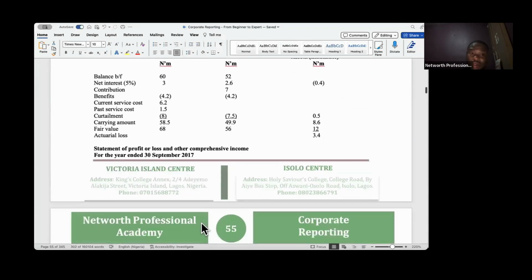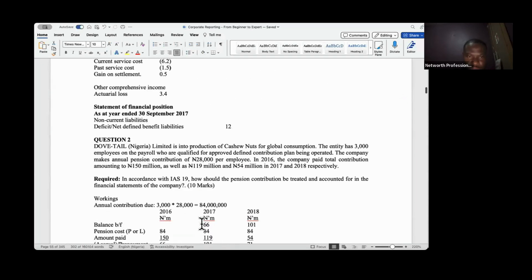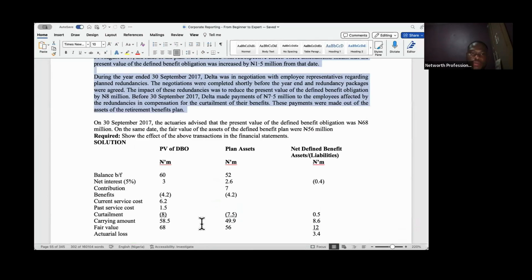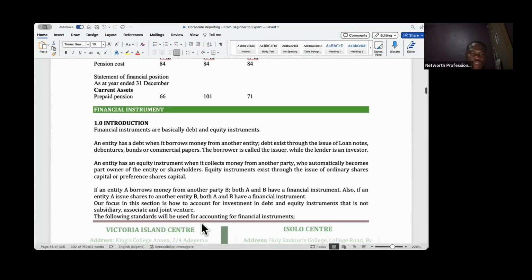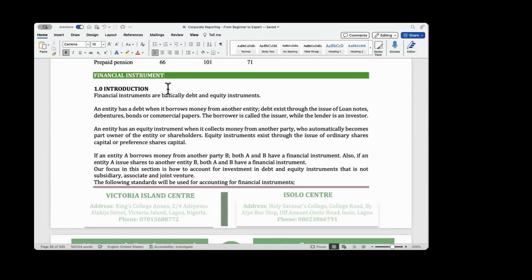I know the solution is here, so I would advise you to attempt it before looking into the solution. That would go a long way to help you. So I'm going to close this class on these notes. Next week Tuesday, I'm going to be starting and finishing financial instruments. It's going to be a long class.